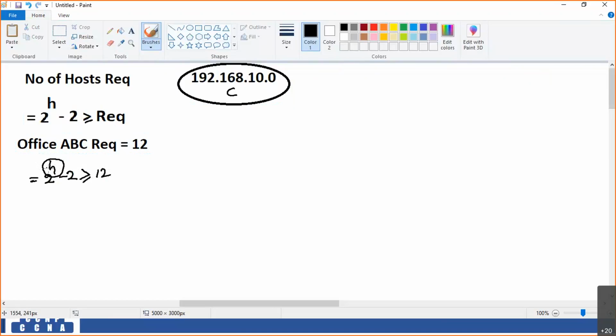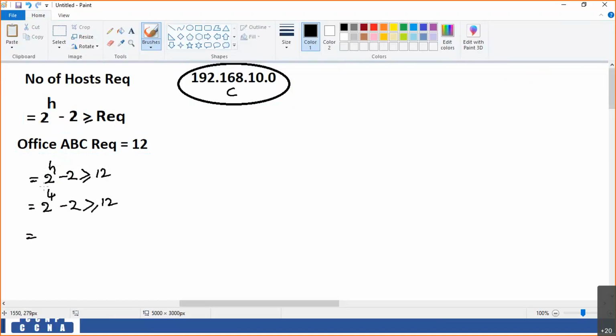Then what will the h value be? What h value satisfies this? 4. 2 power 4 minus 2. Our requirement is 12.